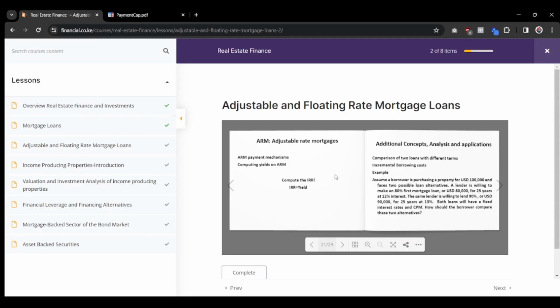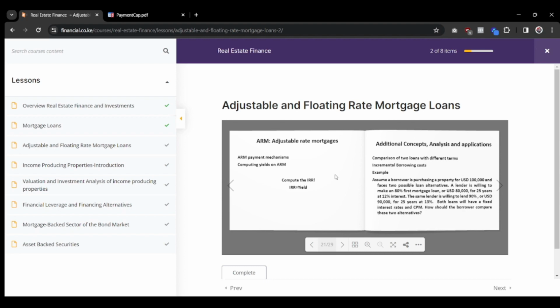You can also calculate the internal rate of return of the adjustable rate mortgage payments. For this in Excel, you need to capture all the cash flows.